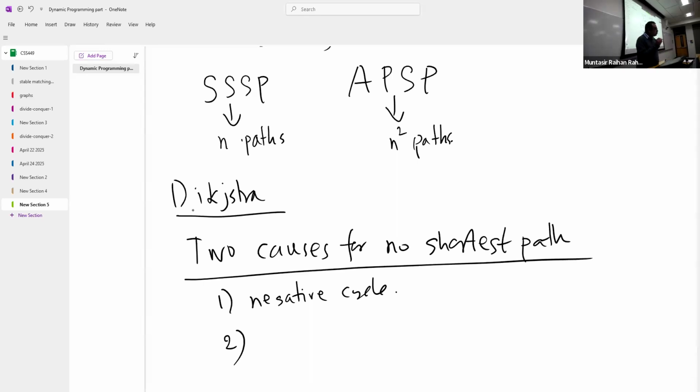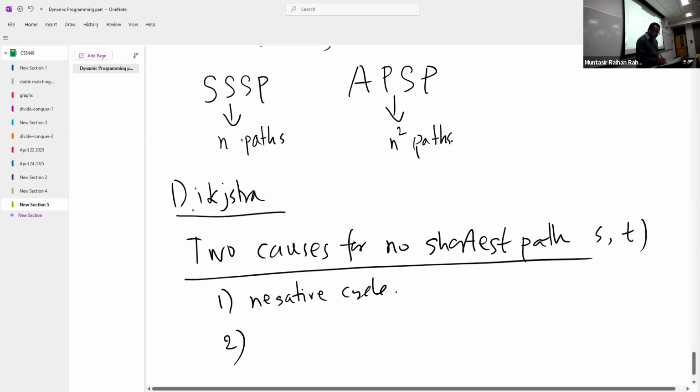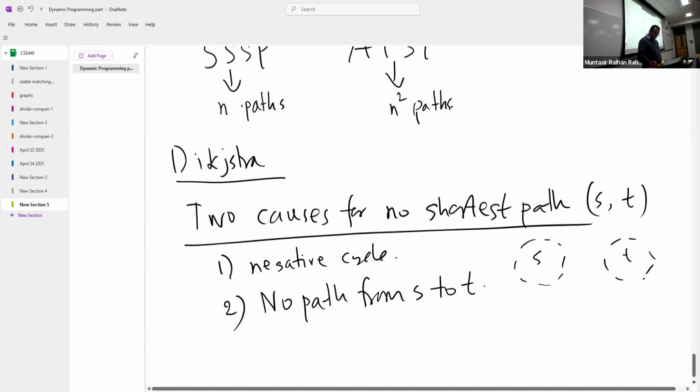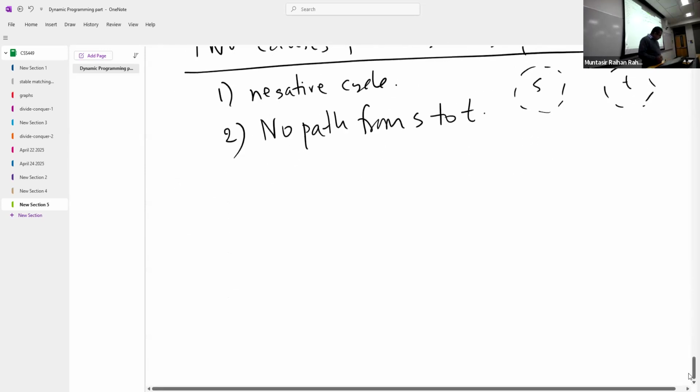Let's say the shortest path between two given vertices S and T. If the graph is disconnected, you can have S in one component and T in the other component, and there is no path. That's exactly right. No path from S to T. Very good.